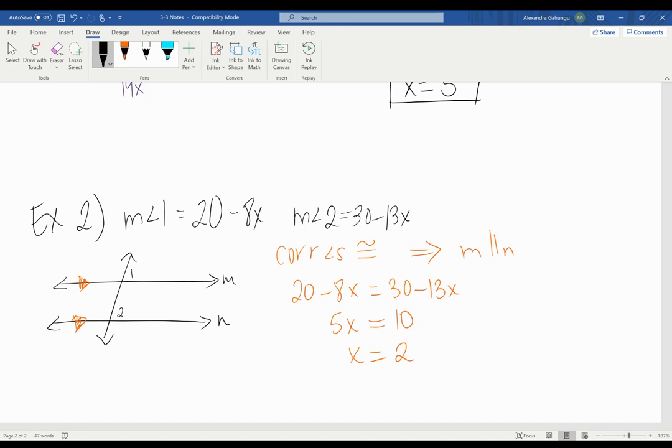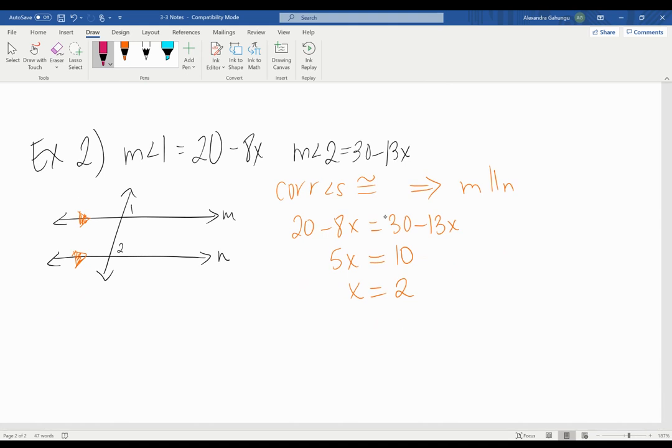Let's go back and actually find also the measure of angle 1 and the measure of angle 2. So the measure of angle 1 would be not 20 minus 8x anymore. It'd be 20 minus 8 times 2, because I'm going to plug that in. And I get 20 minus 16.